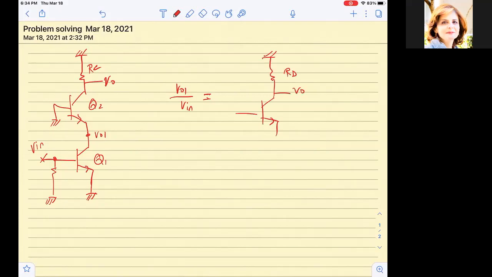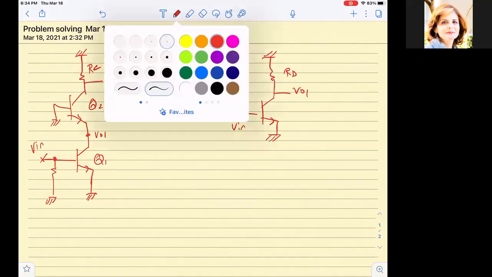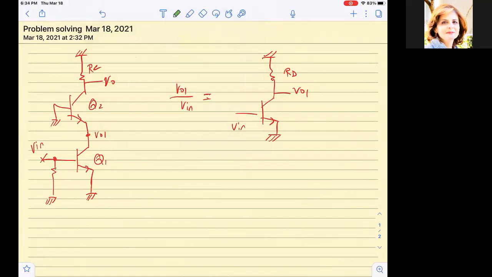Okay, and this is node VO1 and this is Vn. The effective resistance RD is really all the resistance looking up into this stage.